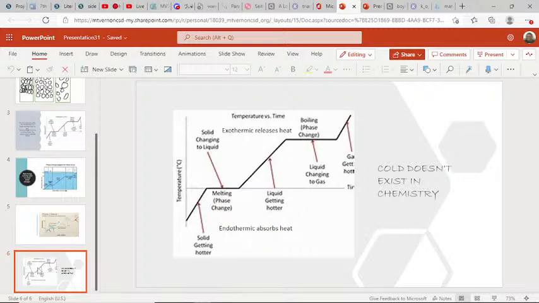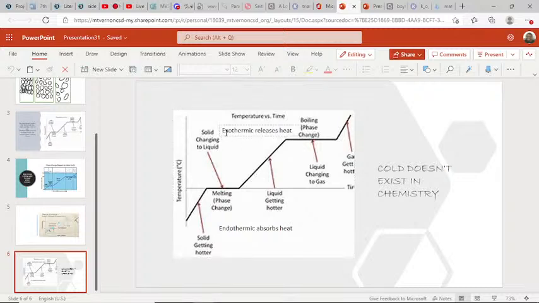So, like I said, if you were asked a question in chemistry, like, let's say H2O in gas form goes into H2O solid form. What type of change was it? And it asks you either exothermic or endothermic.